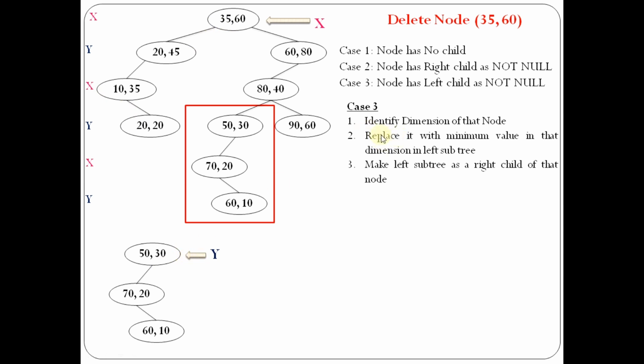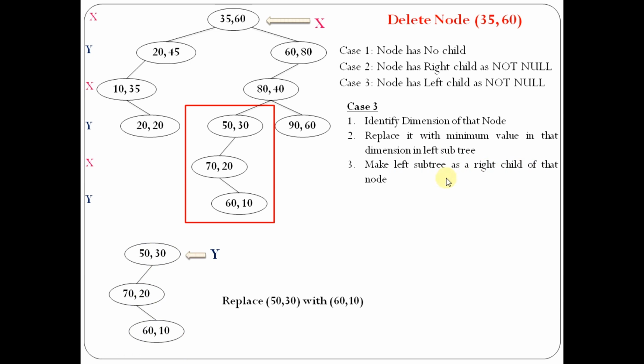Step number 2: replace it with the minimum value in that dimension in the left subtree. The minimum value of y here is among (70, 20) and (60, 10), and the minimum is 10. So we have to replace (50, 30) with (60, 10). The next step is to make the left subtree a right child of that node.